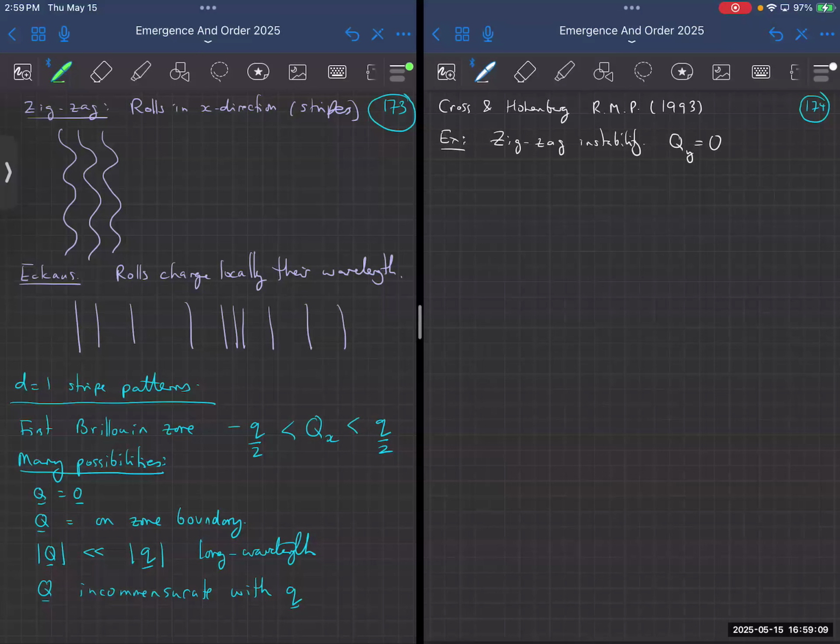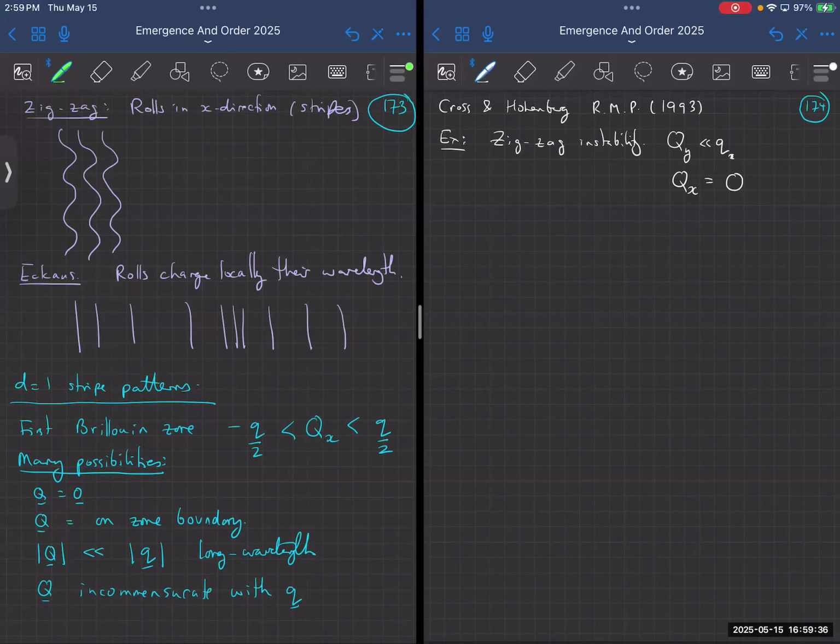Sorry, actually, that's not true. What I said was completely wrong. It's qy much less than little qx, and qx equal to 0. That's the thing that gives rise to the zigzag instability. You can kind of see that because in the x direction there's no change in the periodicity, but in the y direction there is a wiggling.